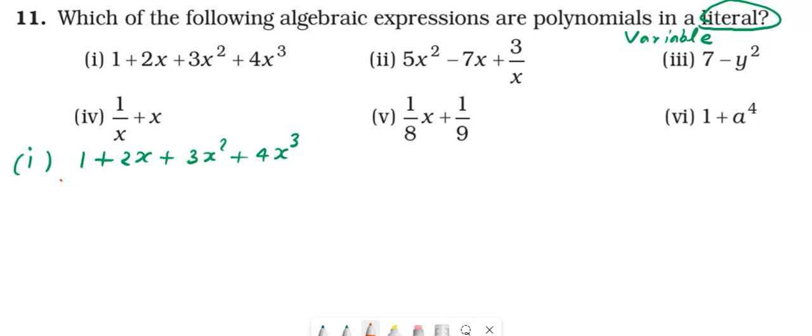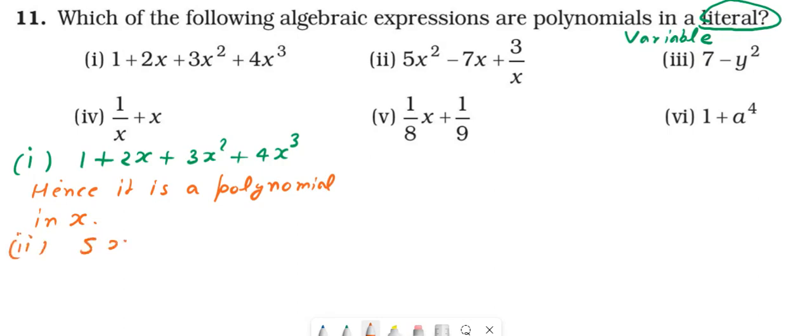Hence, it is a polynomial in x. Now beta, second part, 5x square minus 7x plus 3 upon x.